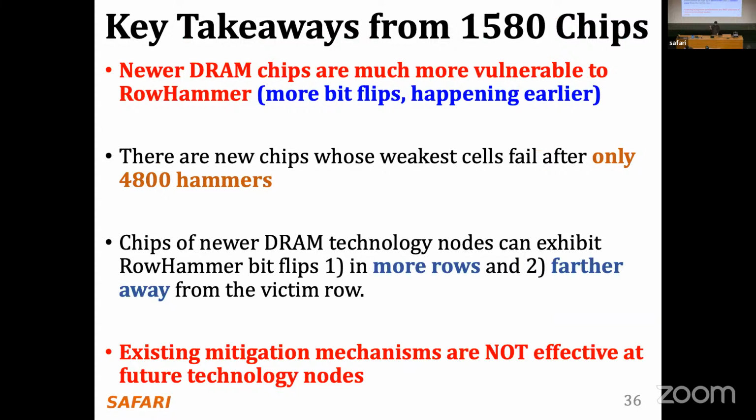This work investigates an even larger population of DRAM chips, 1,580, and they find that, not surprisingly, newer DRAM modules are more vulnerable to RowHammer. That means you will have many more bitflips, and you can see the first bitflip much earlier than previous generations of memory.